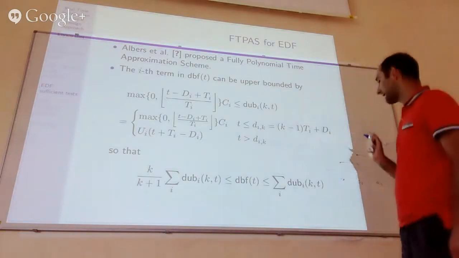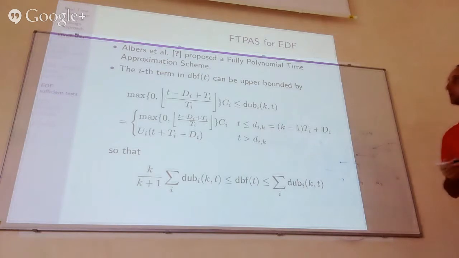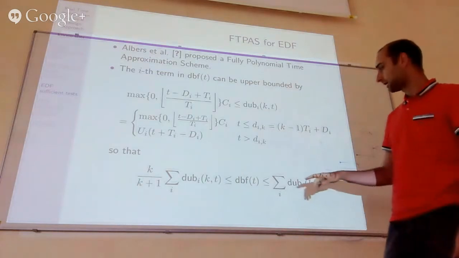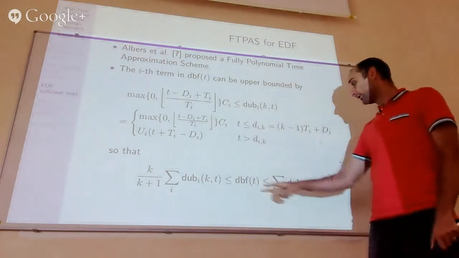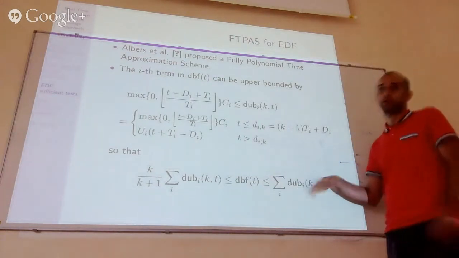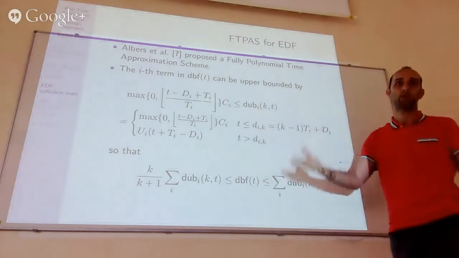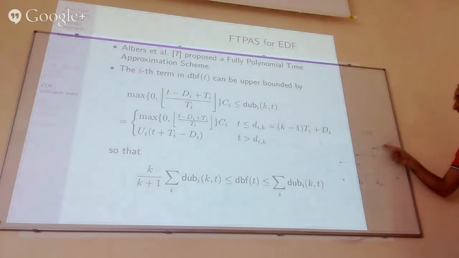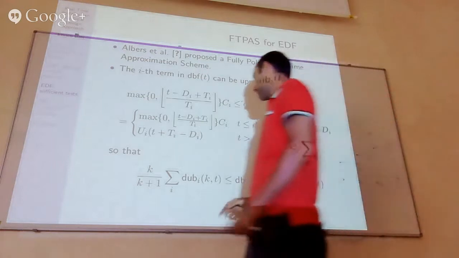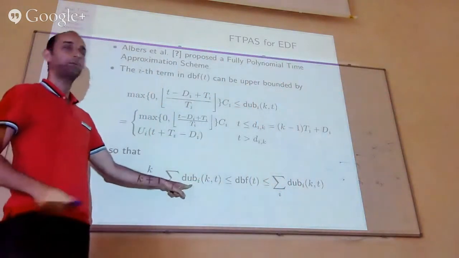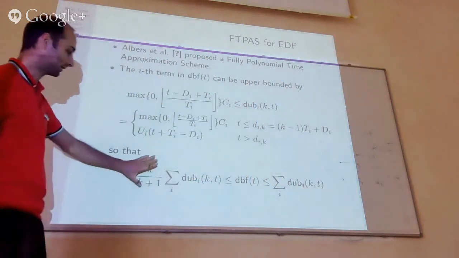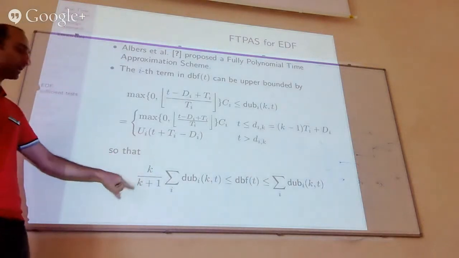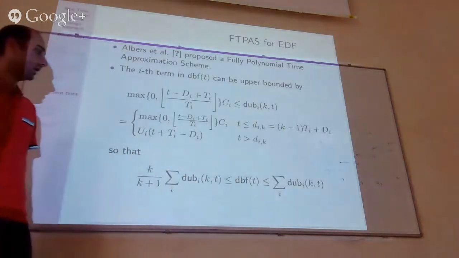A nice property of this fully polynomial time approximation scheme is that not only is this upper bound larger than the DBF, which is quite obvious because it's the same up to some point and above it afterwards, but the demand bound function is also lower bounded by a downscaled version of the upper bound.